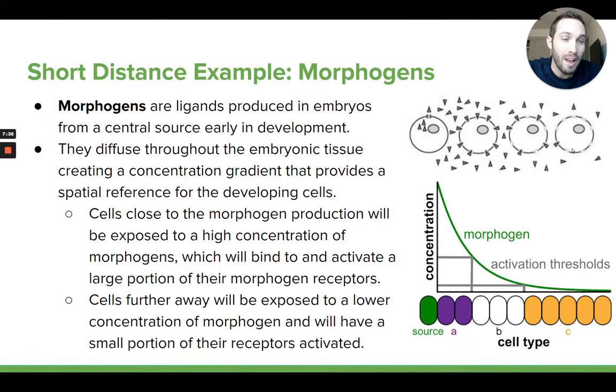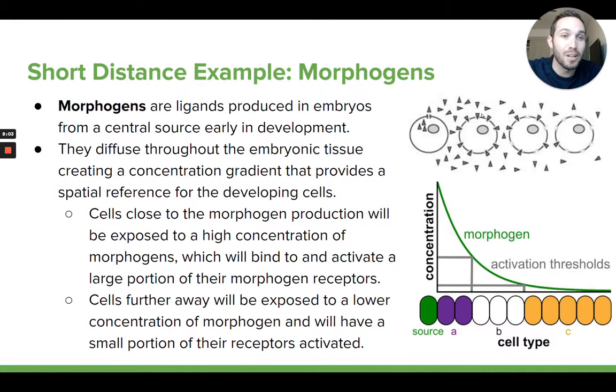And then these other embryonic cells have receptors for morphogens. So morphogens, these signaling molecules, can bind to these receptors on all these cells. All these embryonic cells have receptors to these morphogen molecules. And depending on how close you are to the cell that's releasing those morphogens, you're going to have more or less of your receptors becoming activated.